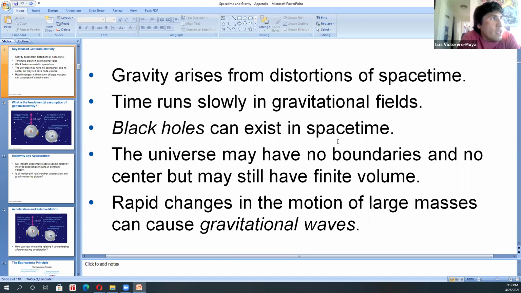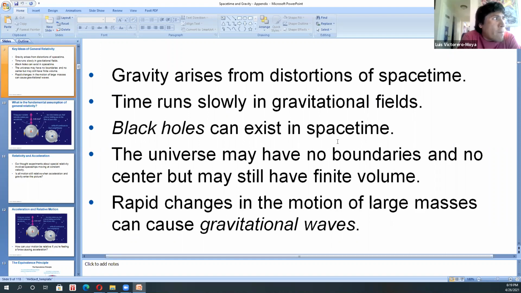One twin goes at the speed of light or closer to the speed of light to another star and then comes back. Time will pass much more slowly for that person. So then that means that for that person, it will be a smaller number of years than for the person who stayed on Earth.